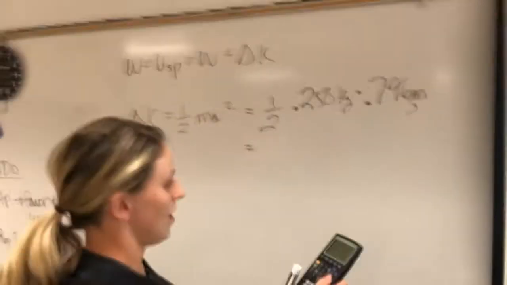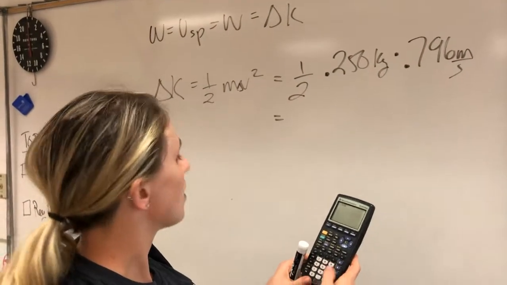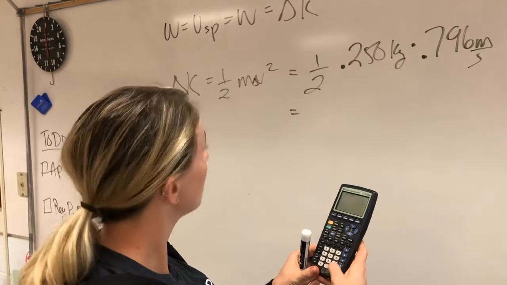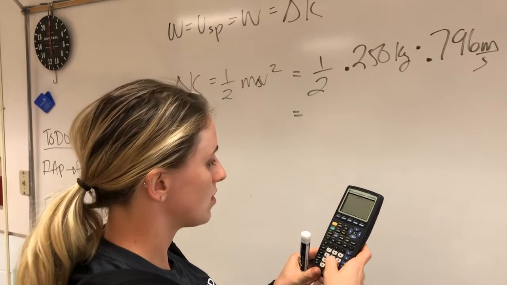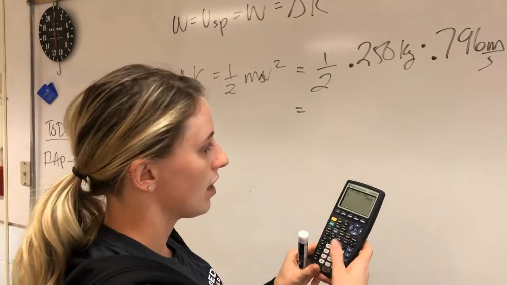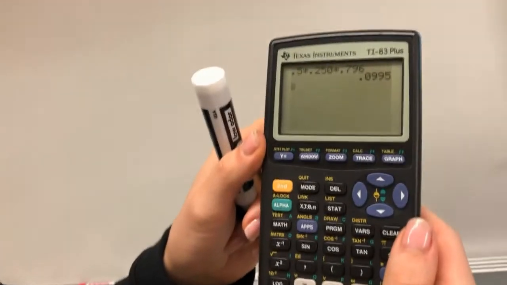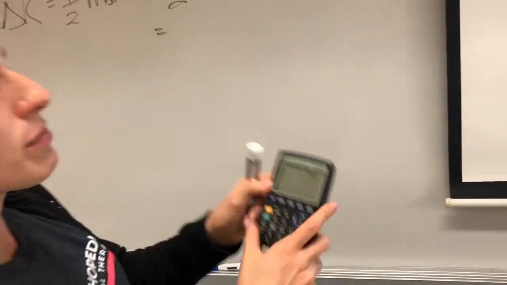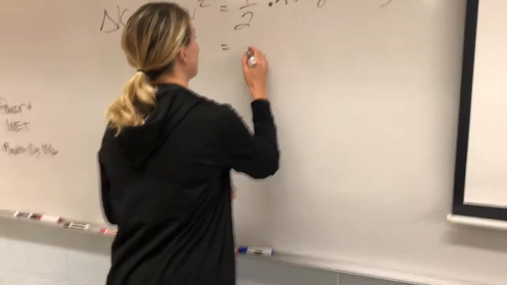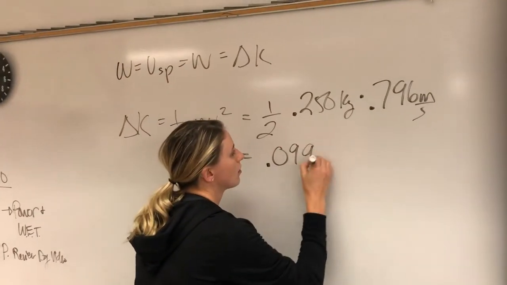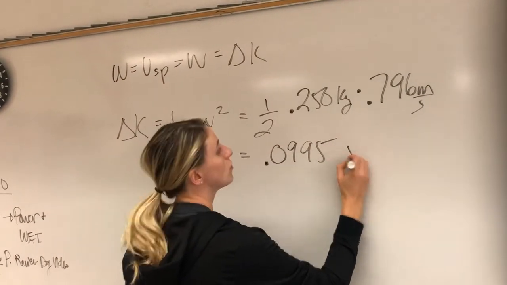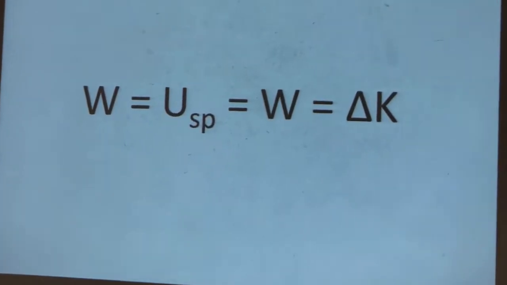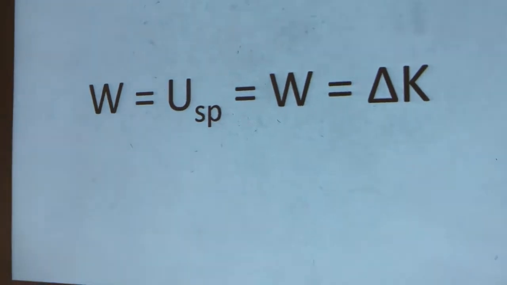So 0.5 times 0.250 times 0.796, and I get 0.0995 joules.